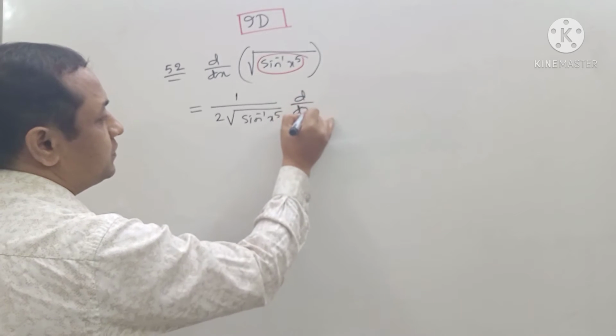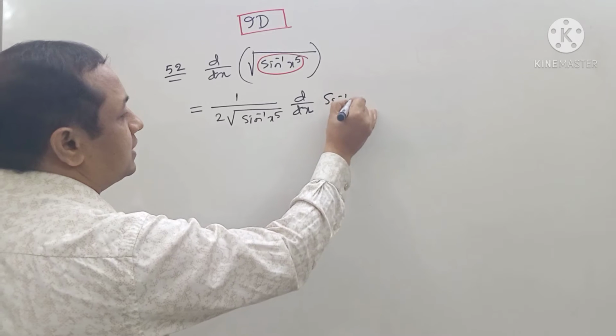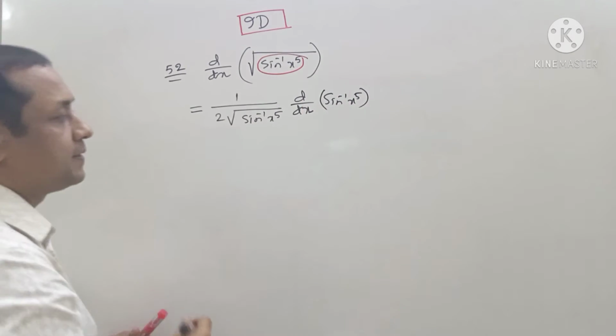Again, differentiating with respect to x means d/dx of (sin⁻¹x)⁵.